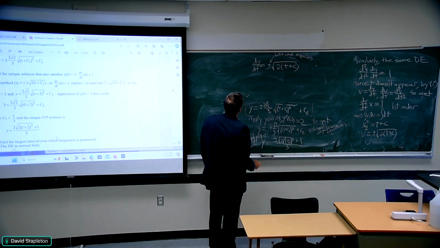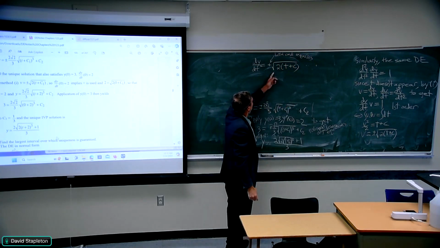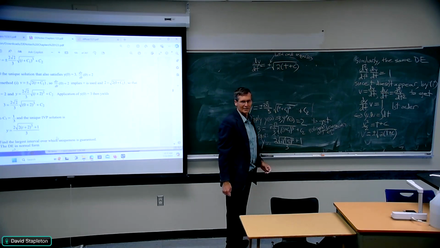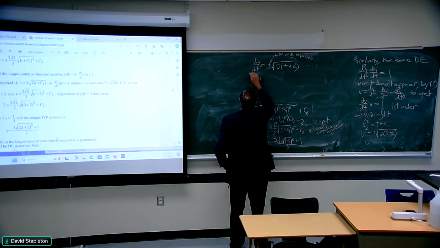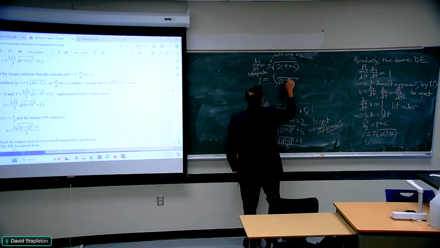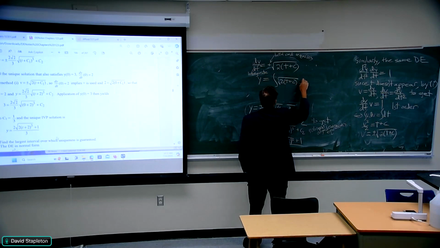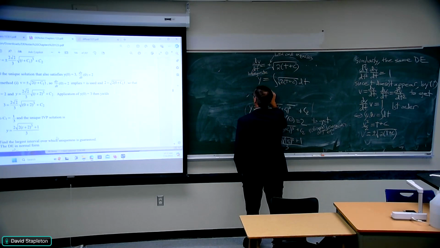Well, I can. This one is nice because the right side depends only on t, right? How do we solve it when the right side only depends on t? It's our first method of the semester. We just integrate, right? There's no y on the right, you just integrate it. So y is the integral of the square root of twice t plus c dt. Well, this is easy. You substitute u equals twice t plus c. And what do we get?